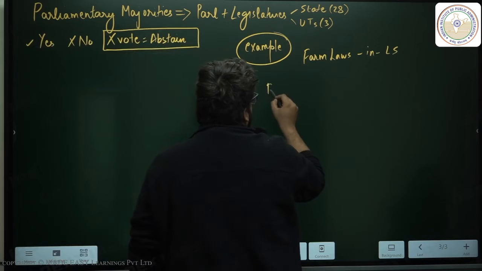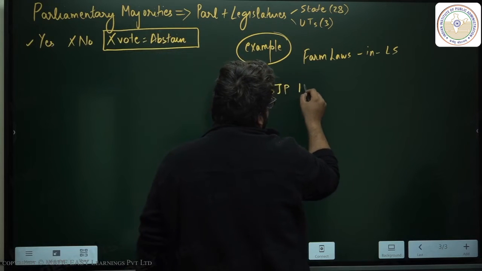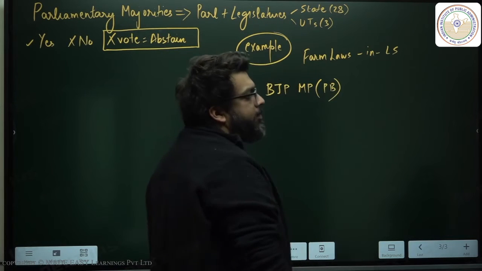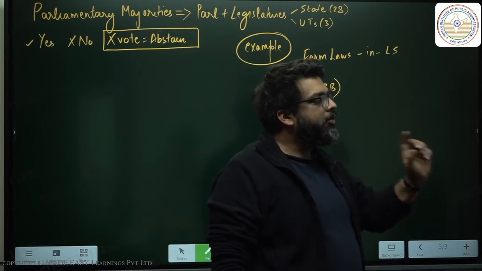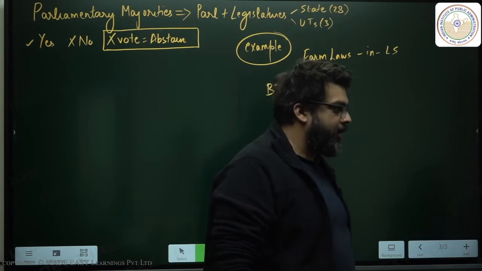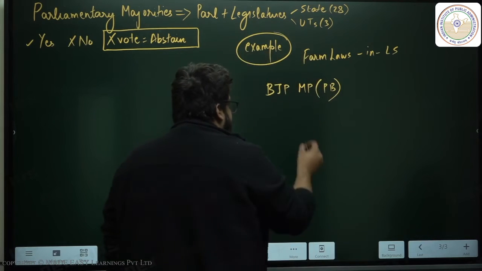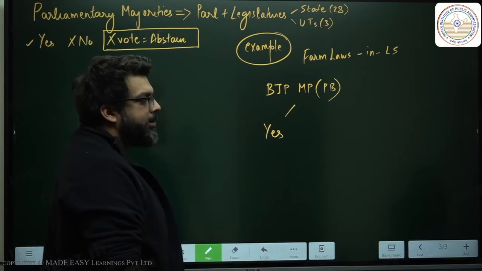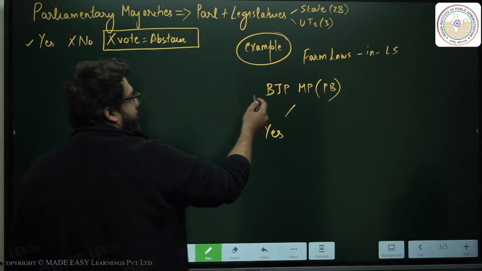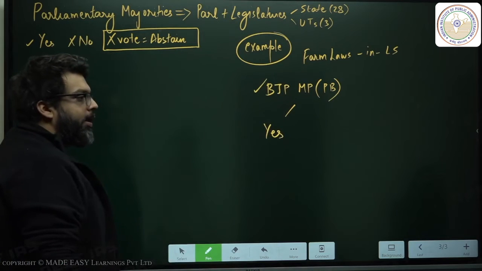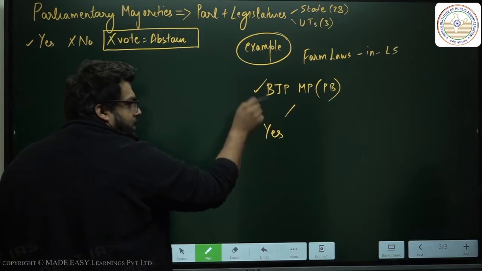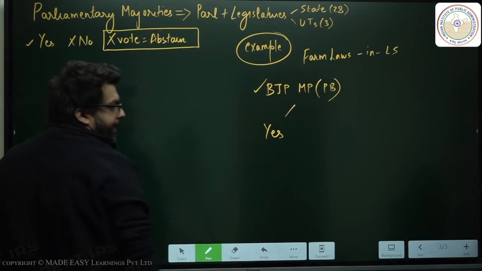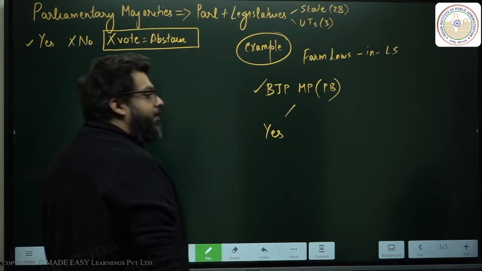And you are a BJP MP from the state of Punjab who seems to have the highest amount of objection to the farm laws. Now, if you vote yes to the farm laws, no doubt you will prove your loyalty to the BJP, but you will betray the constituency which has elected you as an MP. So that is a problem.